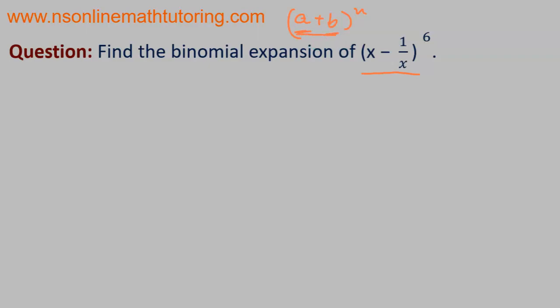So, this expression is a binomial expression because it contains two terms. And this binomial expression is getting raised to the power of n, and the terms that we will be getting will be the binomial expansion of (a plus b) raised to the power of n.